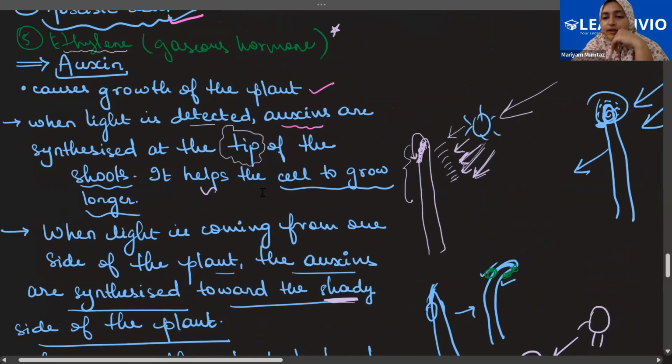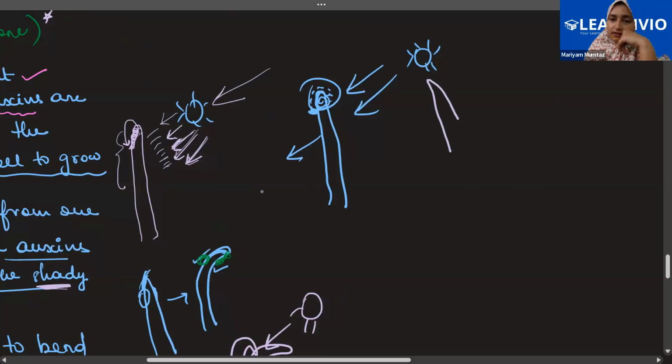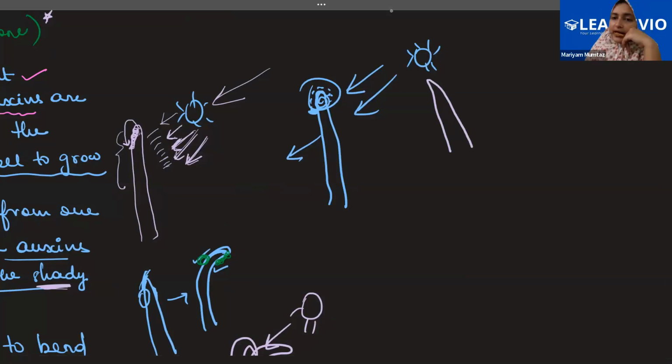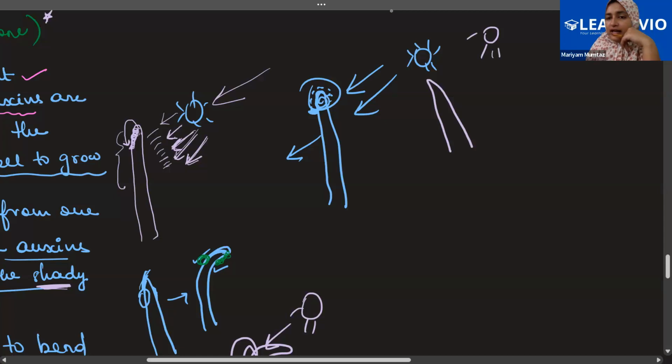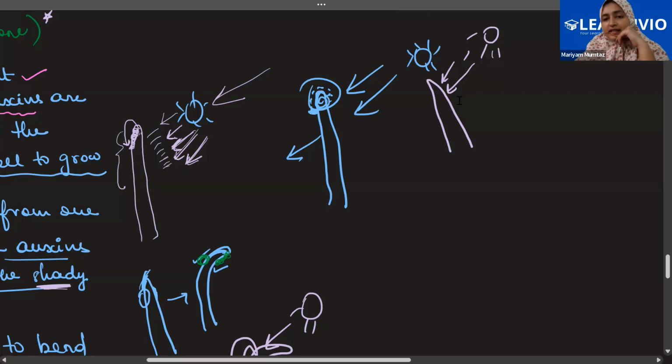Now, for example, if this is the stem and its tip, and the sun is here, so the sunlight is coming and falling on this particular surface. There is one part of the surface on which the sunlight is falling, and the other part is not directly illuminated by the sunlight, isn't it?